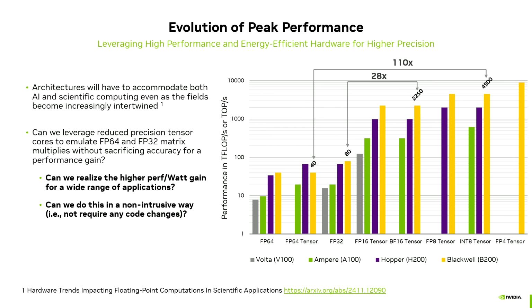It turns out that we can use these tensor cores at higher throughput to emulate these higher precision matrix multiplications. So what we want to do is make sure that you can tap into the higher perf-per-watt efficiency of these chips, and also expose this in the libraries in a way that is not intrusive to the users, but still provides enough control for expert users.